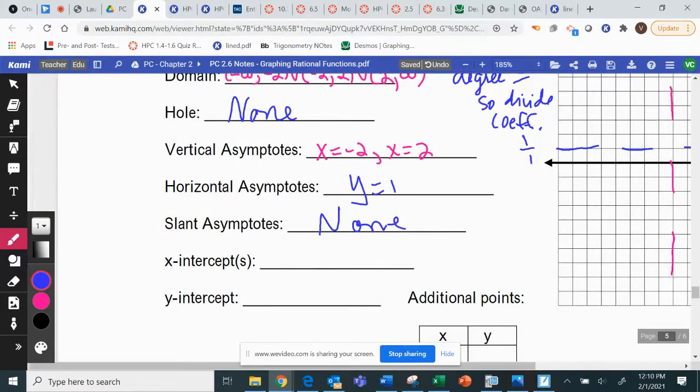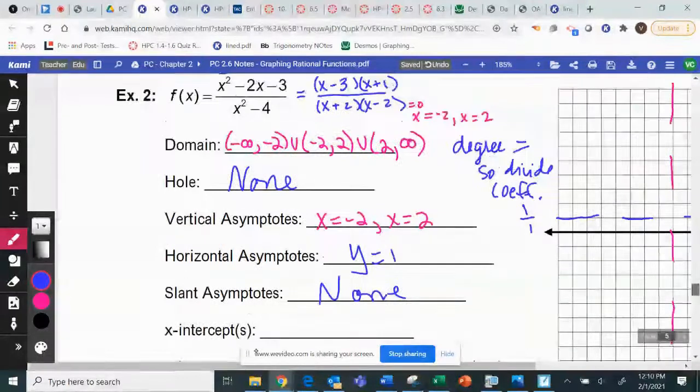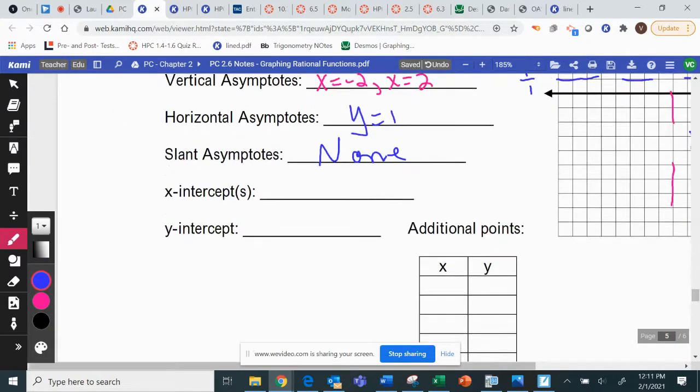To find the x-intercepts, we make the entire equation equal to 0. And since it's already factored, I'm going to choose the factored version. That's going to help me solve for x quicker. When I cross multiply that, I'm really only setting the numerator, x minus 3 and x plus 1, equal to 0.